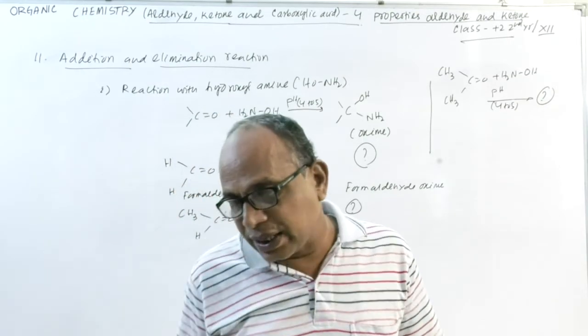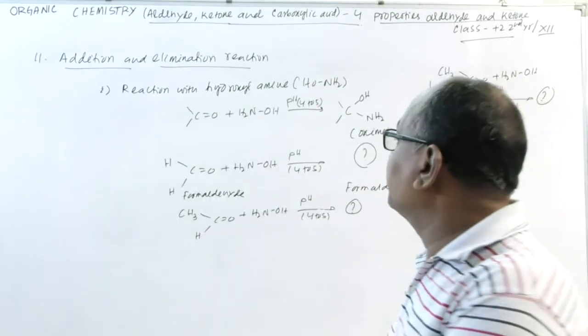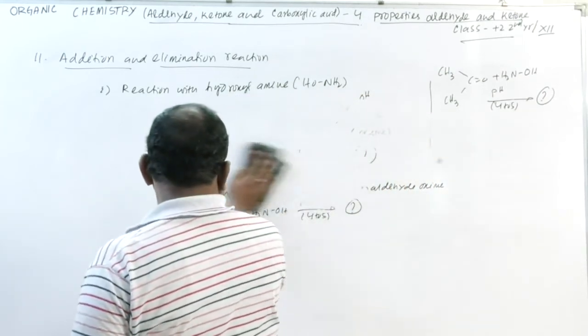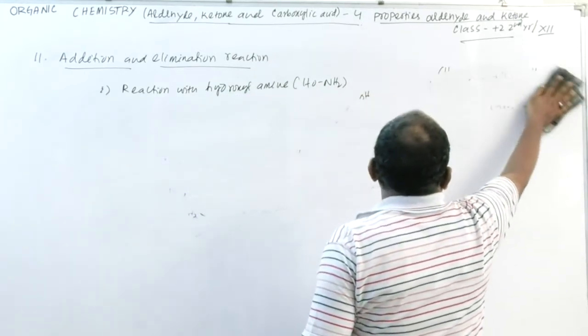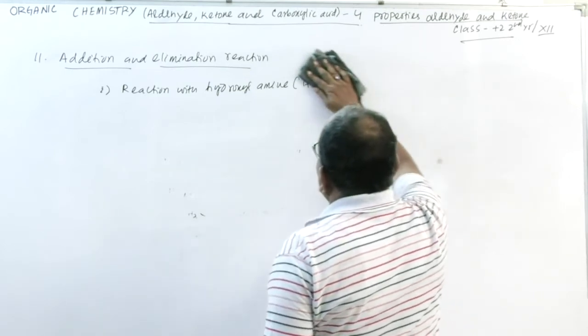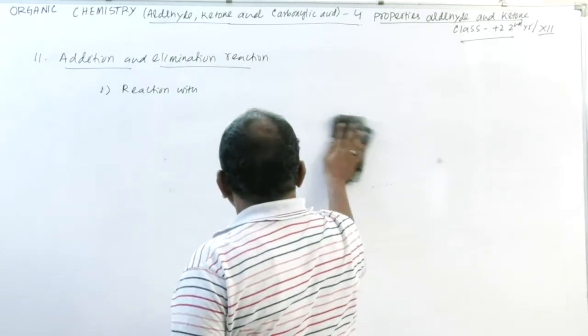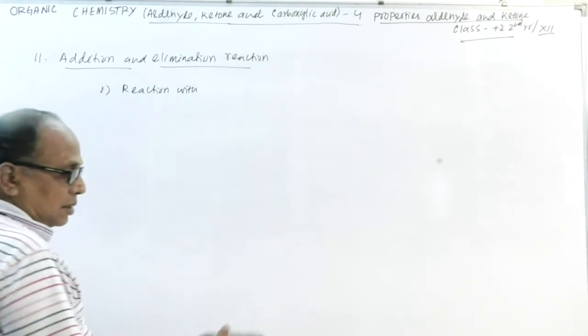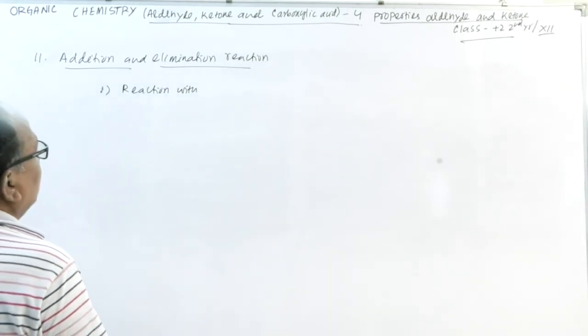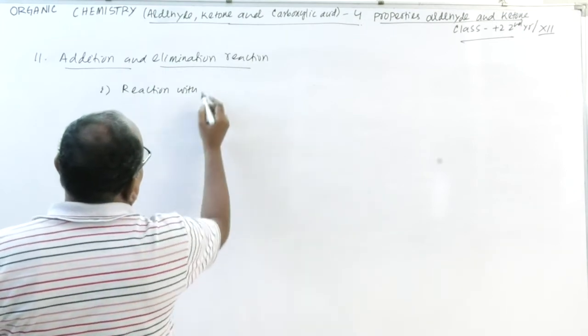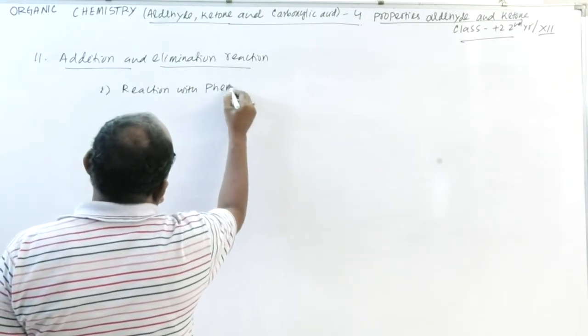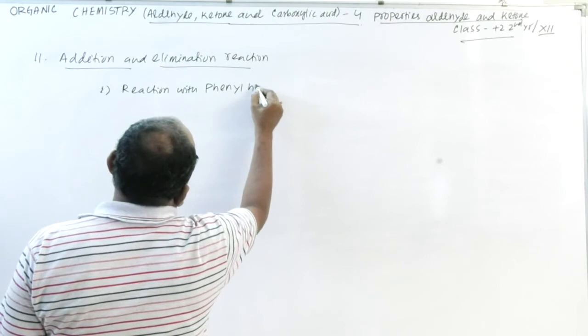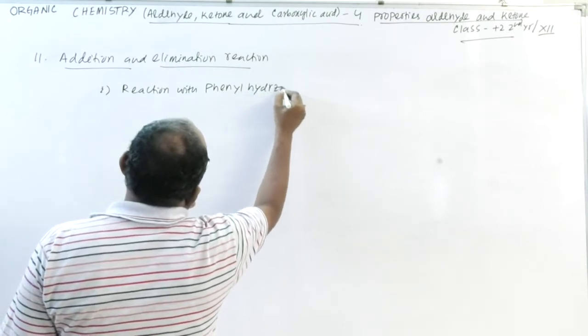Okay, this is the reaction of derivative of ammonia with formaldehyde, acetaldehyde and acetone. Then you write the reaction with another derivative of ammonia, phenylhydrazine.